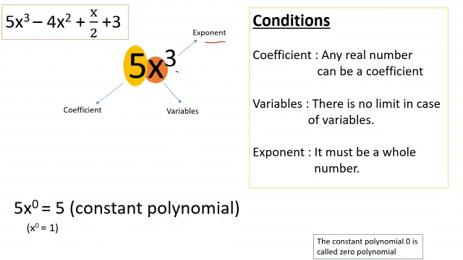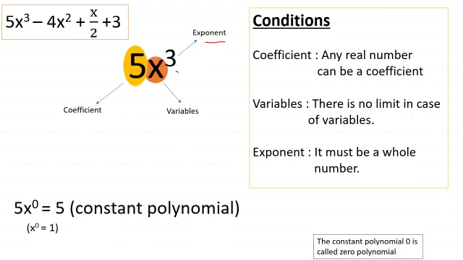That is, it does not have any variable. How is it possible? It's because x raised to the power 0 is always 1. So 5x raised to the power 0 is 5, that is, 5 into 1 is equal to 5. Or we can say 6 raised to the power 0 is equal to 6. Or we can say 9 raised to the power 0 is equal to 9.